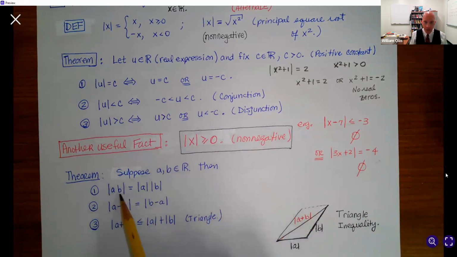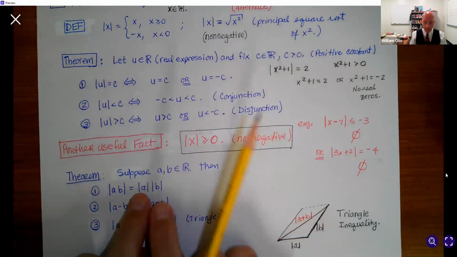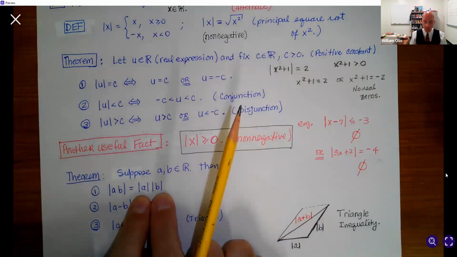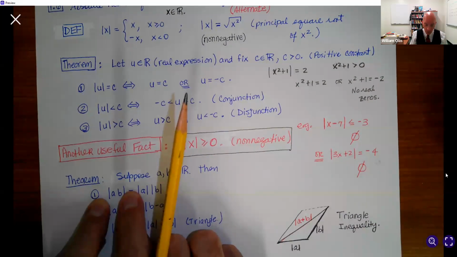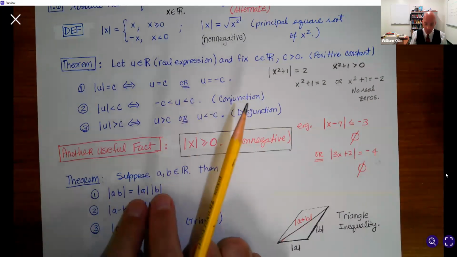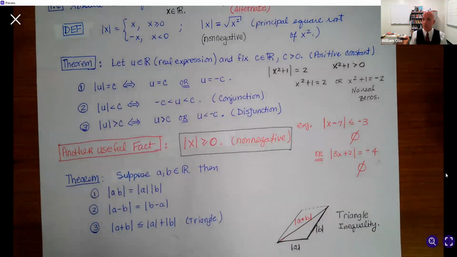We will use the fact that the absolute value of a product is the product of absolute values. You can break up the product that's inside the absolute value and then apply the absolute value to each of the factors.